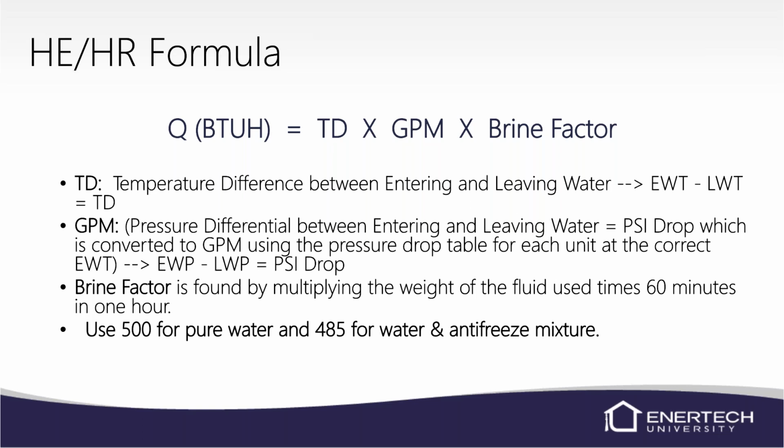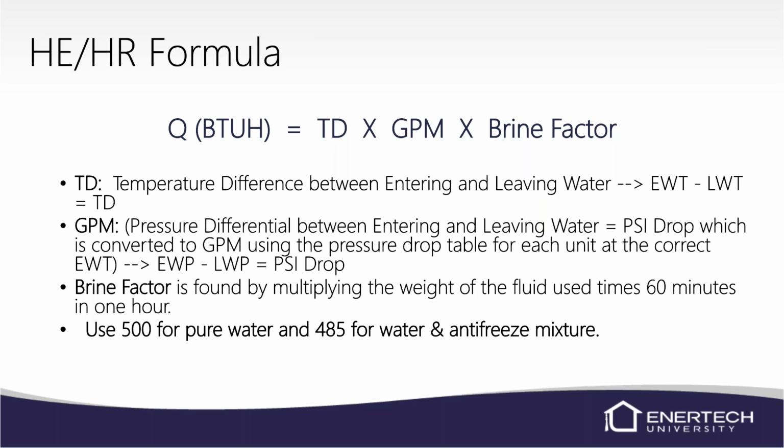So the formula is TD times GPM times brine factor. TD is your temperature difference between your entering and leaving water. For GPM, we have to have our pressure drop or a flow meter tool that would tell us our flow. So we take the PSI and convert it to GPM, and that will give us the amount of GPM.